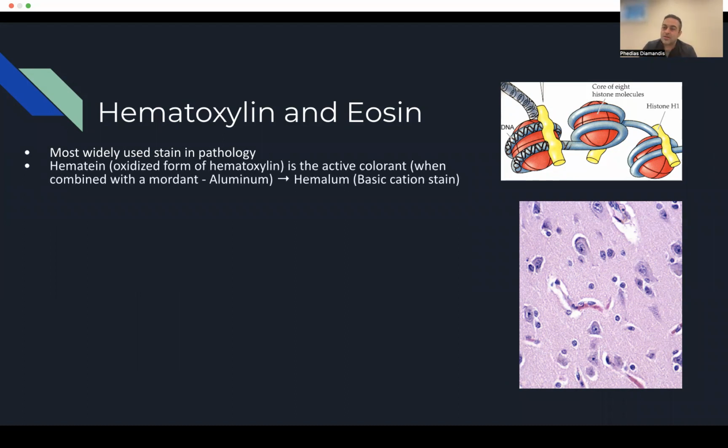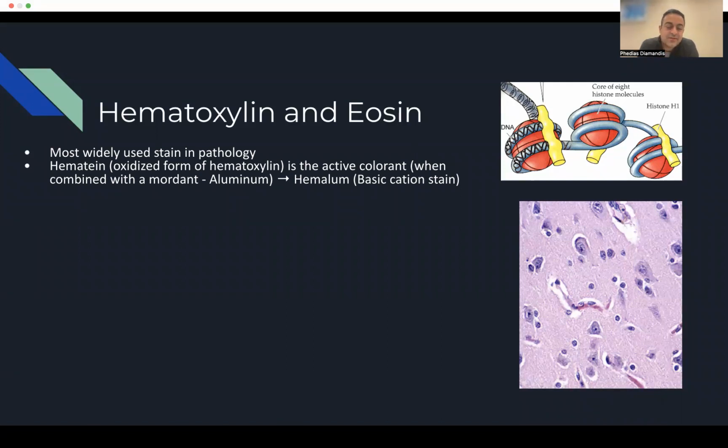Again, just some terminology, more just so you are familiar with these terms in case you have to troubleshoot. It's important to understand the components. So it's not the actual hematoxylin that's doing the heavy lifting. It's what is called hematin. This is the active colorant.